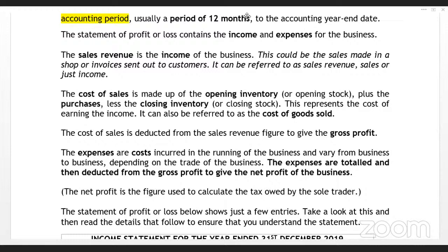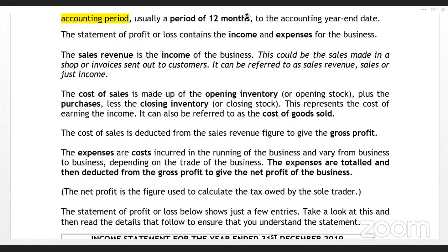Salaries, assuming you have a shop attendant in the shop, you have to pay salaries and so on, and many other expenses. So that is the gross profit. But now if I want to find out the net profit of the business, that's when I bring in these other operating expenses, those other expenses that are incurred to run the business.